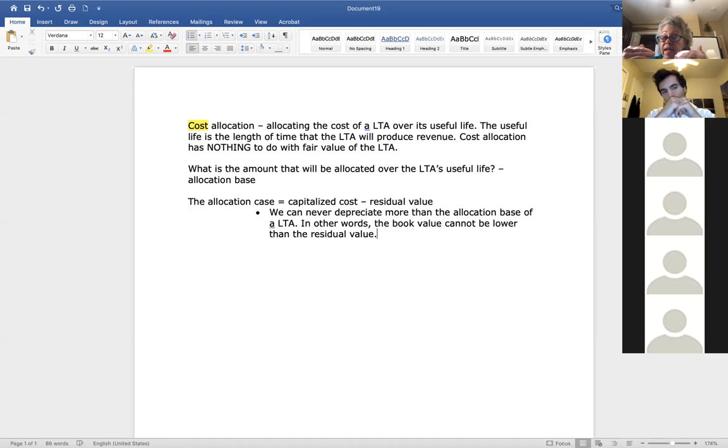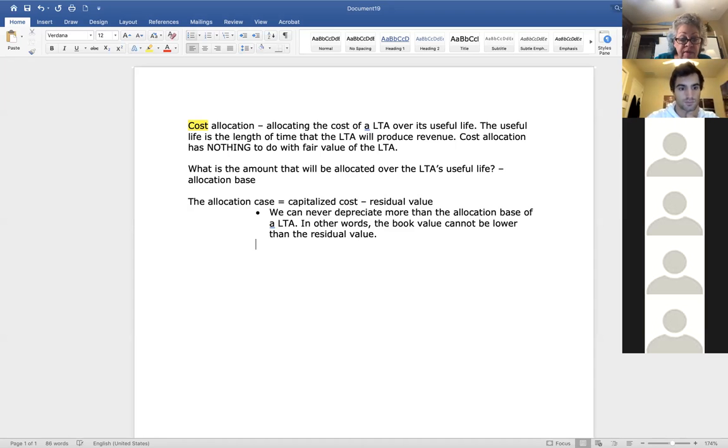You're going to see that in that last year, where it reached 110,000 miles, which is more than what I had originally estimated, I will not be able to take all of the depreciation, because the total accumulated depreciation related to that asset cannot be higher than the allocation base or the depreciable base. So that is the allocation base.